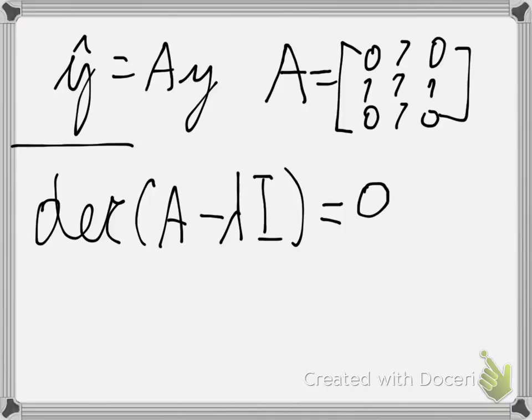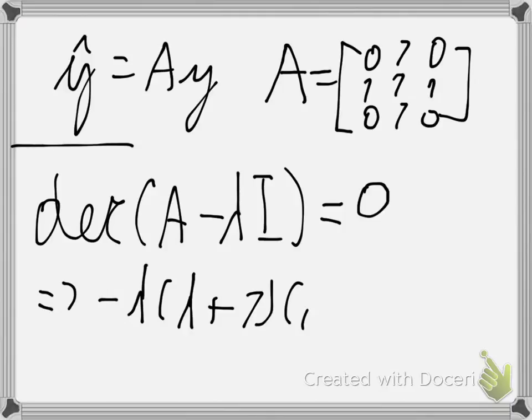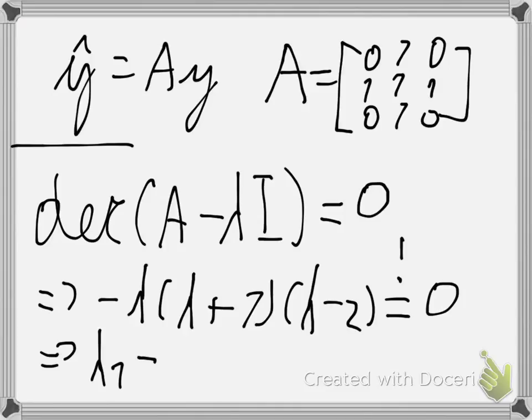If you solve that, you get negative lambda times (lambda plus 1) times (lambda minus 2) should be equal to 0, and so you get that lambda 1 is negative 1, lambda 2 is 0, and lambda 3 is 2.